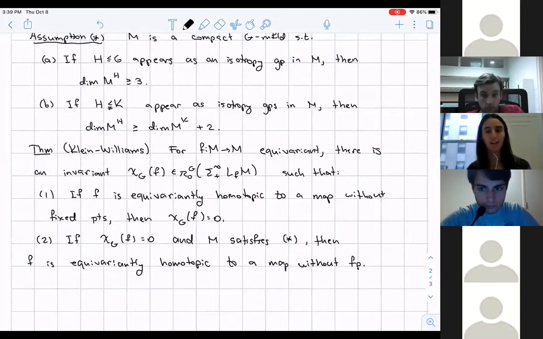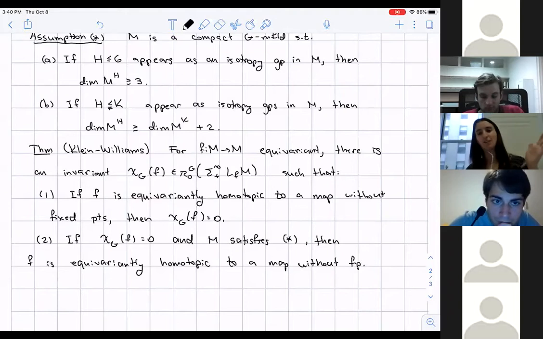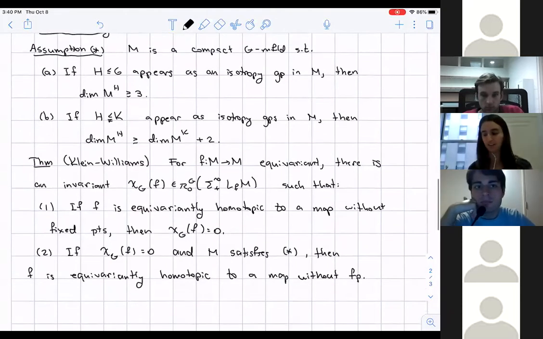Yeah, for sure. Generally this chi_G(f) is counting for you fixed points, but it's also counting which orbit these fixed points appear in. One thing that's really nice about the Klein-Williams stuff is that you don't have to talk about genericity at all. A lot of things about fixed points or intersections, you have to say, okay, let's homotope things so that they're transverse to each other, and then count the intersections or the fixed points then. Over here, equivariant transversality is extremely bad.